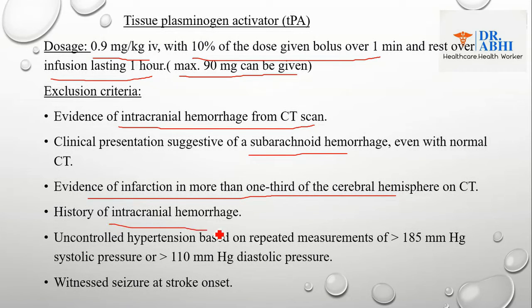History of intracranial hemorrhage. Uncontrolled hypertension, based on repeated measurements of more than 185 mmHg systolic and 110 mmHg diastolic, because I have already explained that one of the major complications of tissue plasminogen activator is hypertension, and if the patient already has uncontrolled hypertension, then it would be very difficult for you to manage their hypertension.